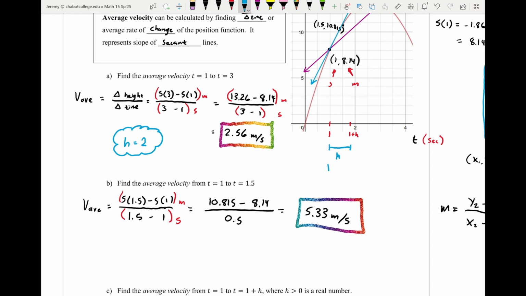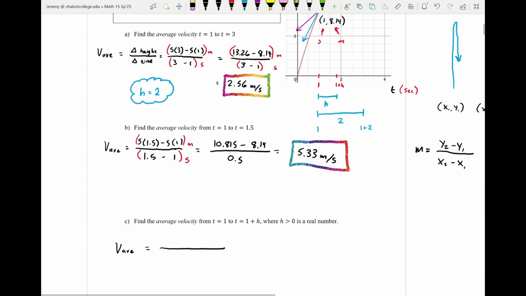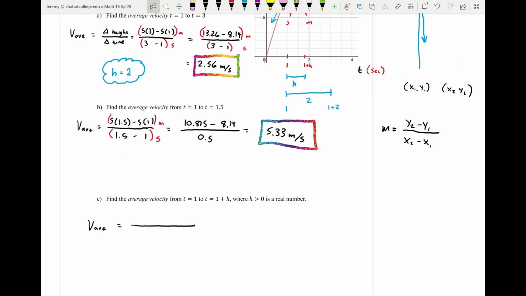Because from 1 up to 3, the width of that time interval is just 2. So there's 1, and then there was 1 plus h, which gave us 3. For part B, what was h if we were looking from t equals 1 to t equals 1.5? How much time has passed? Well, h in this case is just going to be 0.5.